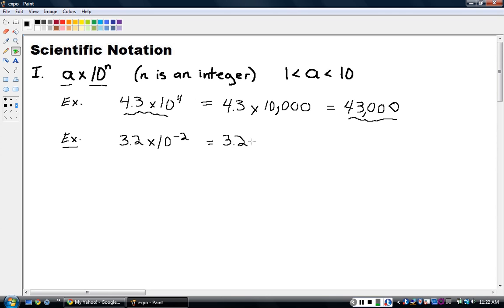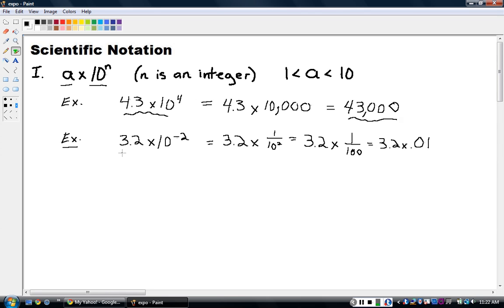That would be 3.2 times 1 over 10 to the second, because we just studied exponents, which is 3.2 times 1/100th. That's a really small number. If you want to write that as a decimal equivalent, we haven't talked a lot about decimals, so let me show you: 3.2 times 0.01. That's 1/100th as a decimal, and that's 1/100th as a fraction.